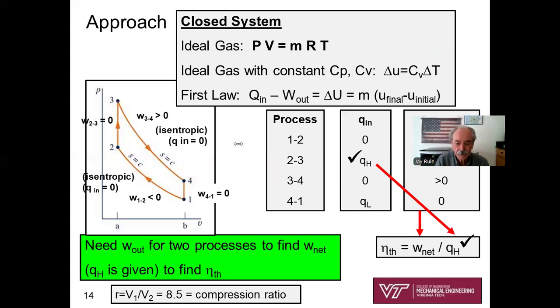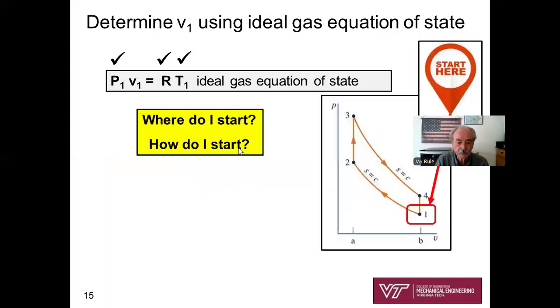I think we're just about ready to start putting pencil to paper. Where will we start? We study the problem and discover that P1 is given, little v1 not given, R we've got, it's R for air, and T1 is given. So the first thing we'll do logically, we're driving towards T3.